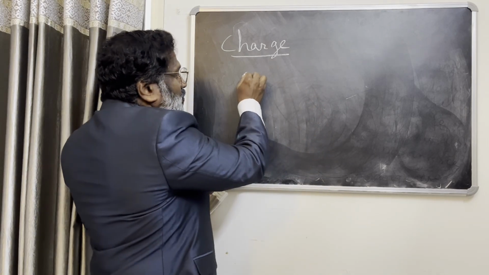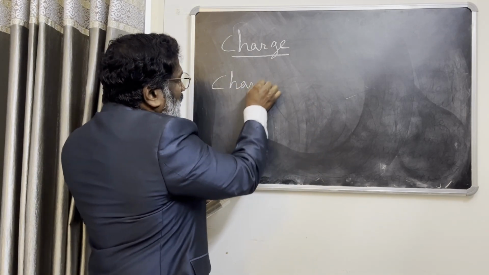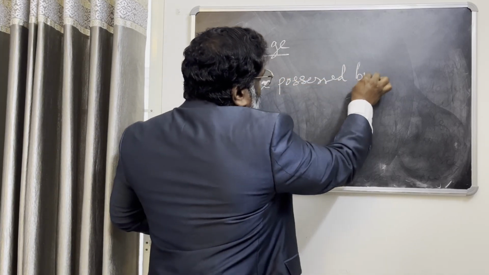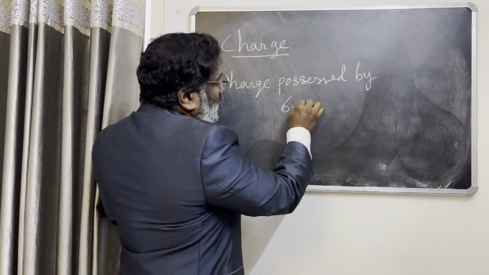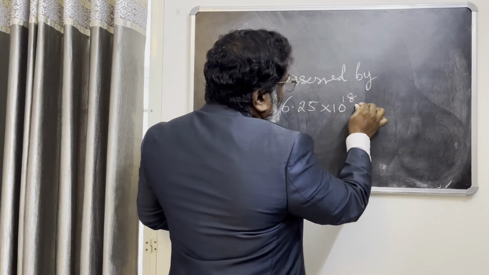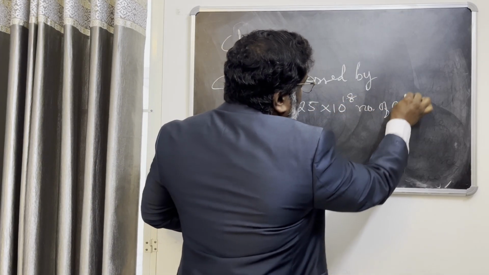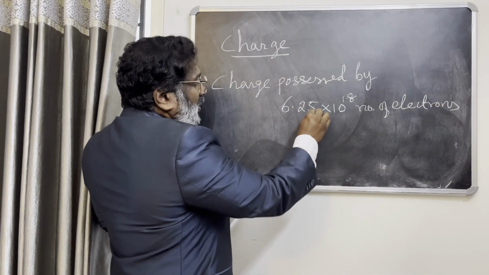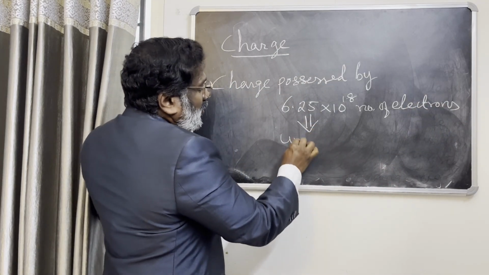So the charge possessed by 6.25 into 10 power 18 number of electrons together is taken as the unit of charge.